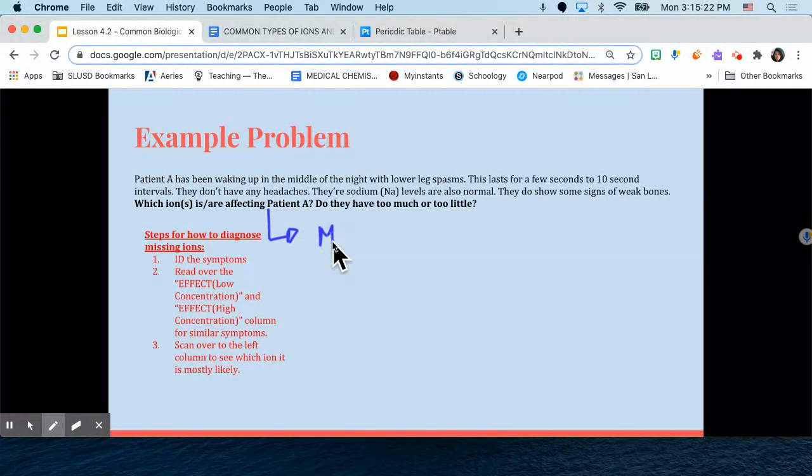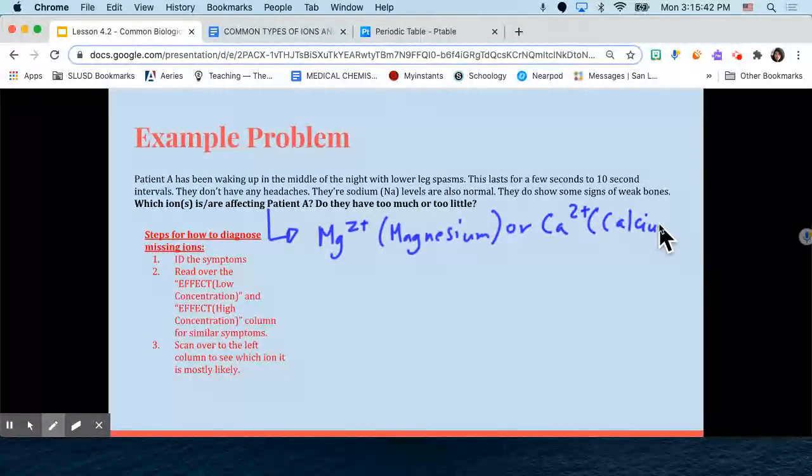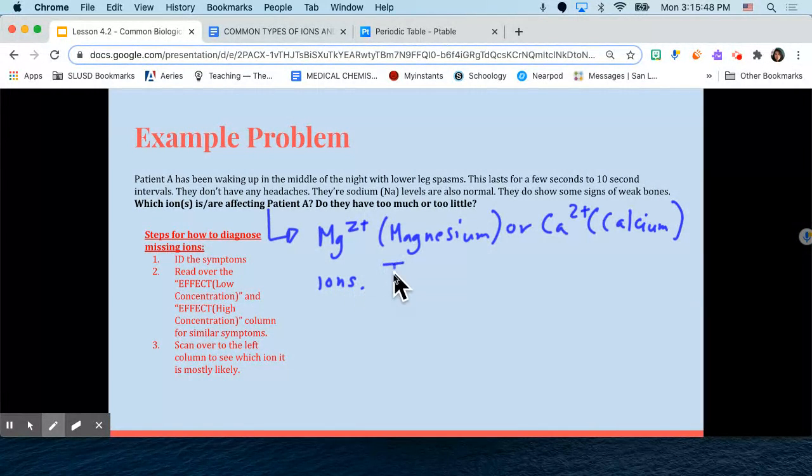Well, it's probably Mg, magnesium, or calcium ions, and I know that they probably have too little.